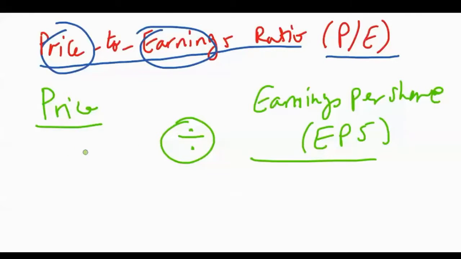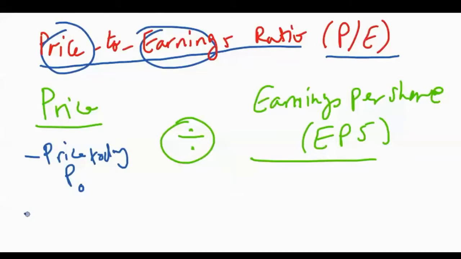Okay, so let's take it one by one. Let's look at the first term, which is the price. The price can be different. It can be any different time horizon. For example, we can use the price today, which we would call P0, or we could use a different price.